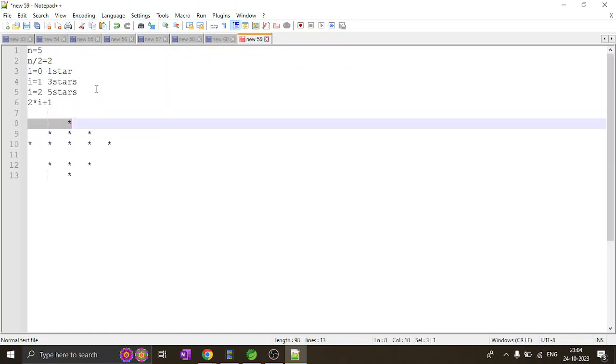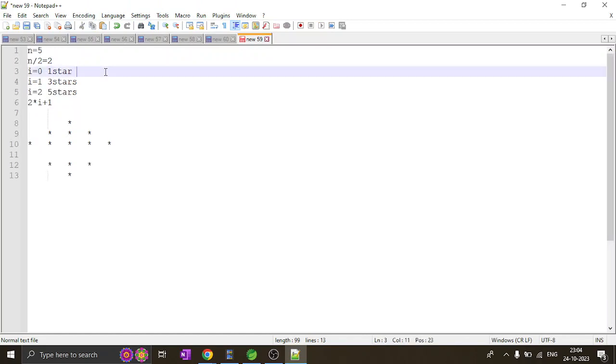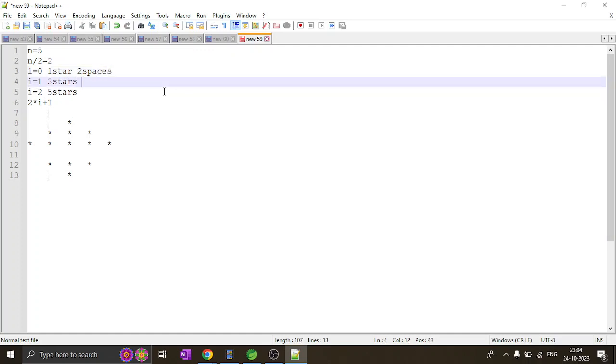So for I is equals to 0, we have to print 2 stars, 2 spaces. My bad, 2 spaces. For I is equals to 1, we have to print one space, right?